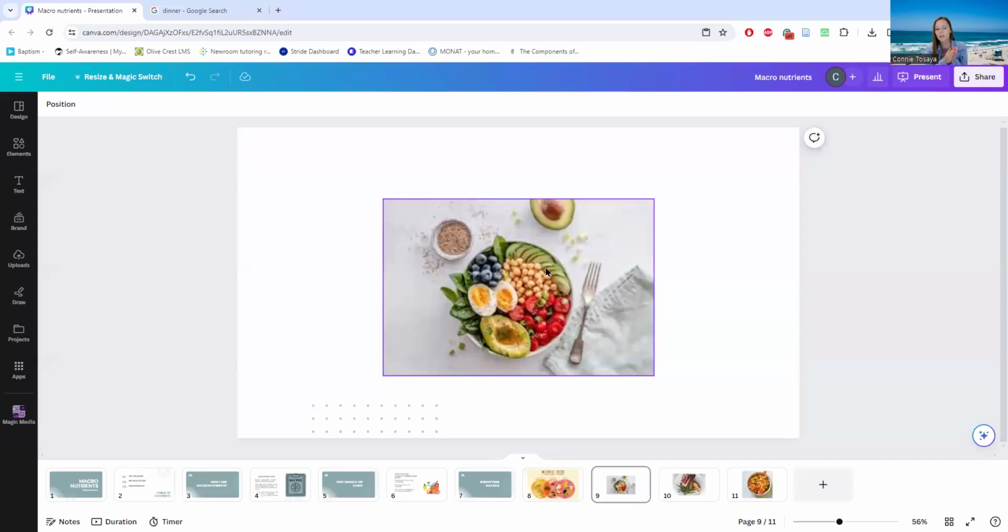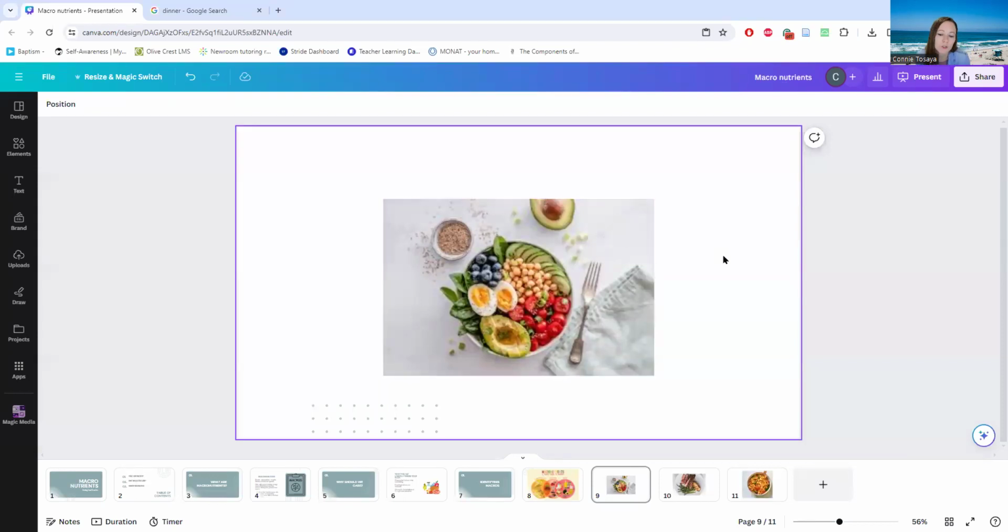All right, so say you were eating this bowl for lunch or something, right? We've got tomato, cucumber, chickpea, blueberry, hard-boiled egg or soft-boiled egg, and avocado and spinach. And then it looks like maybe some seeds off to the side. So if you're writing this down in your notebook, you're going to write all of those foods down, and then put right next to the chickpeas an F for fat or P for protein or PF.